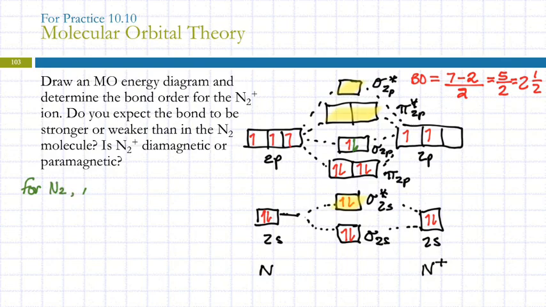For N2, the bond order is going to be 2, 4, 6, 8 minus 2 divided by 2, which is 6 halves, or 3. So by losing that electron, this N2 plus only has a bond order of 2.5. That means it's weaker than N2.